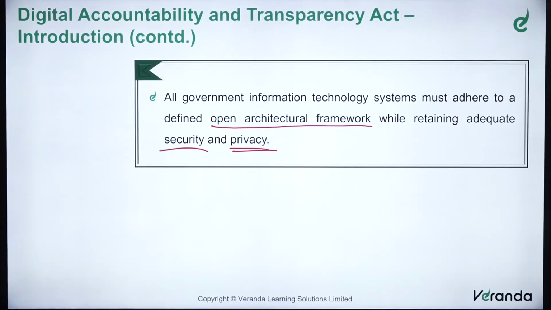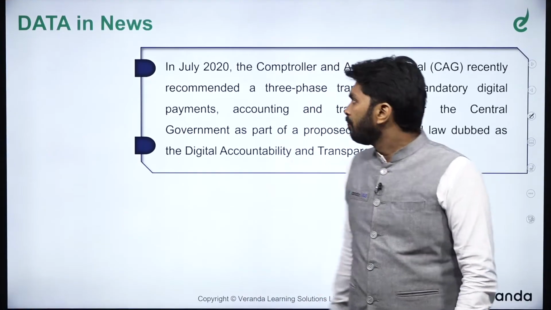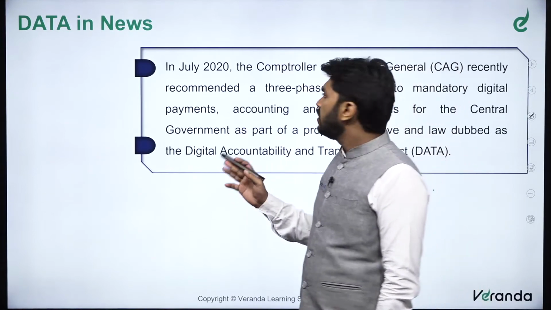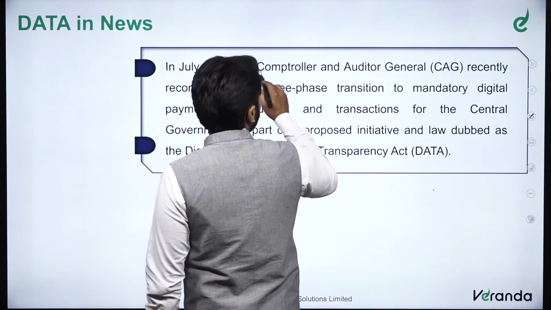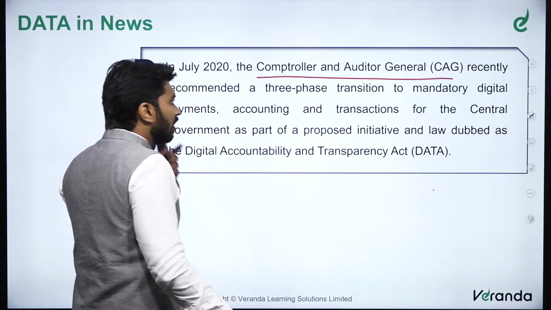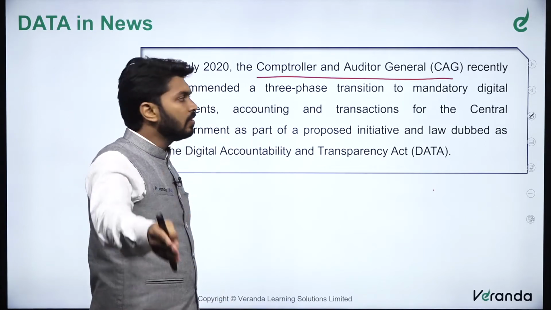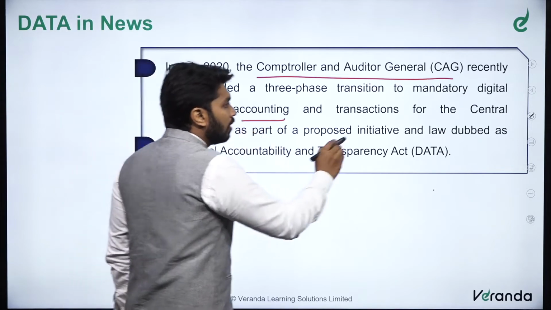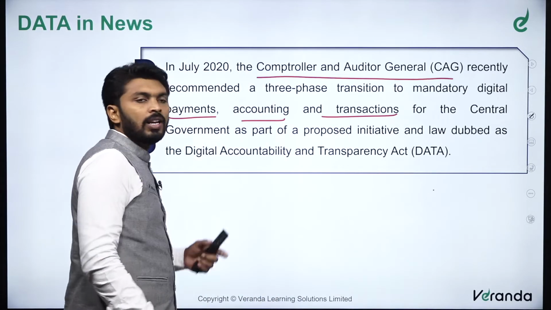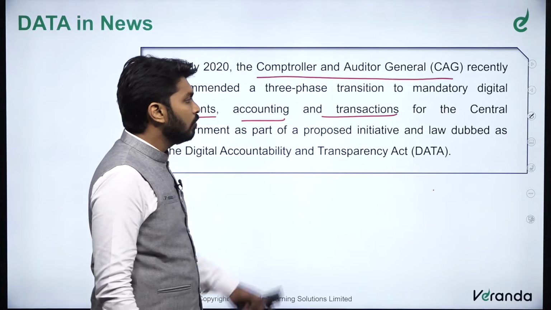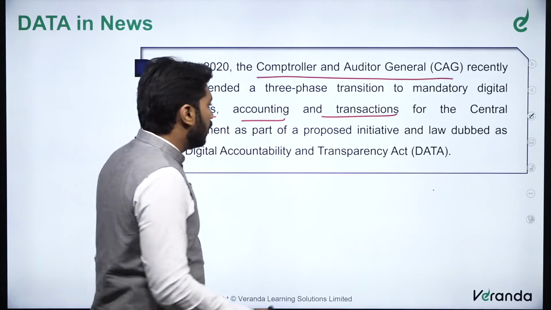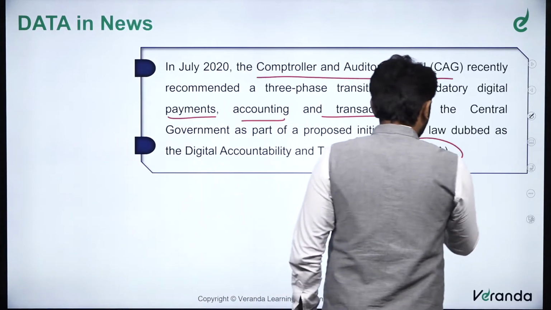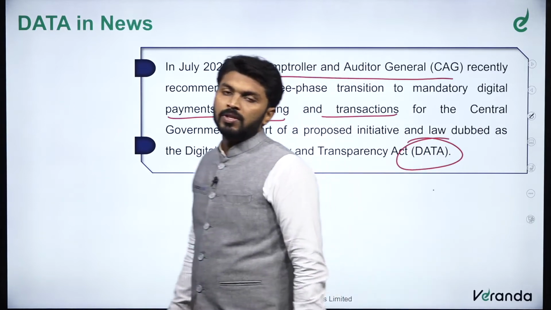So why is this Data Act in news? In July 2020, the CAG, the Comptroller and Auditor General, recommended a three-phase transition to mandatory digital payments, accounting and transactions for the central government as a part of a proposed initiative. This law is dubbed as DATA, Digital Accountability and Transparency Act.